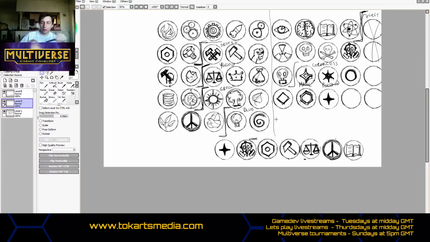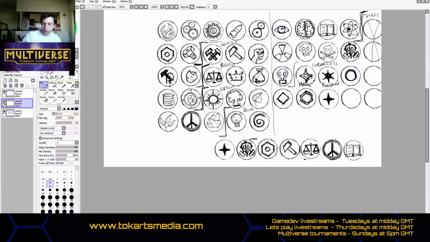Oh, also, other potential symbols could be a lightning bolt for electricity, which could maybe work in blue. What else? I think that's it.